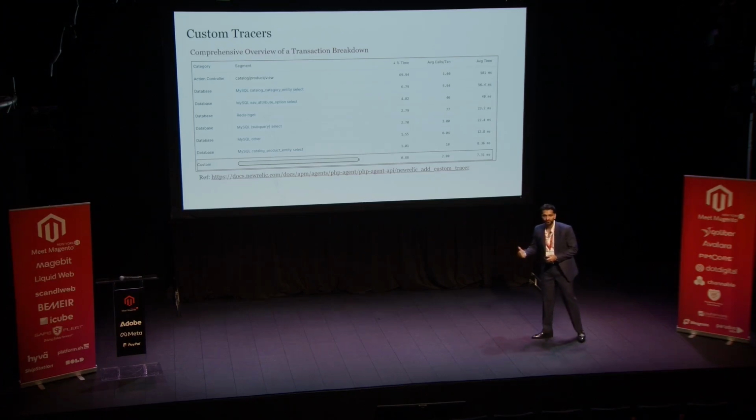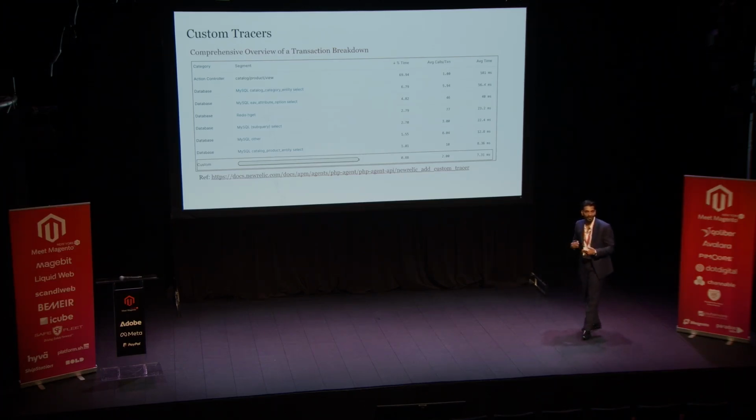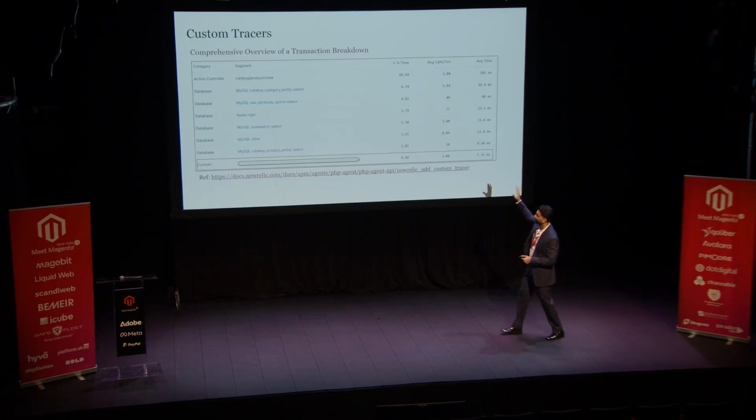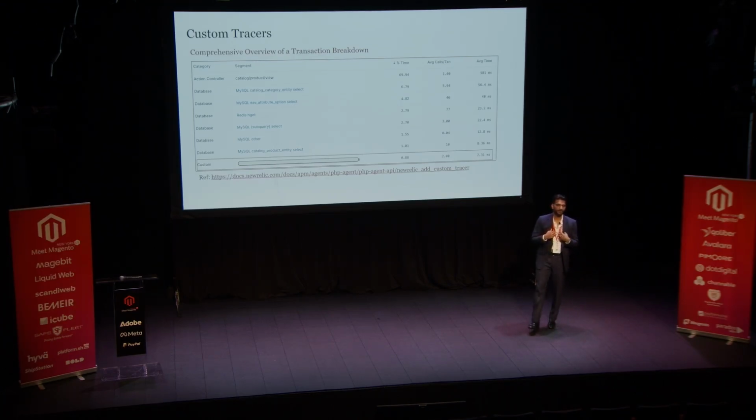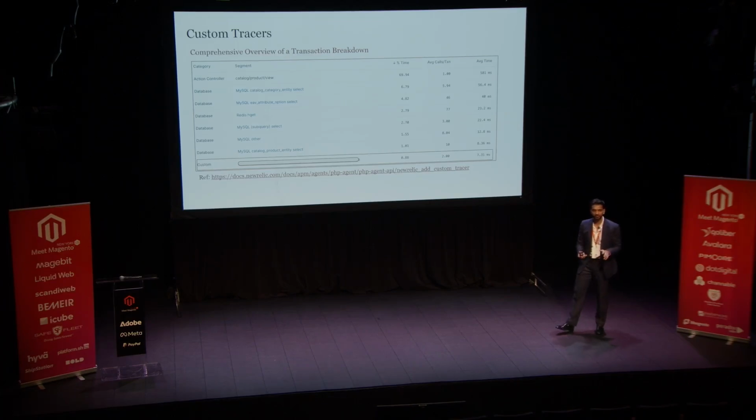Another way you can fine-tune and get more insights into your requests is custom tracers. The comprehensive overview that we are seeing is a native New Relic functionality. For the custom tracer, for example, I built a custom functionality, get product manufacturers, and I think there could be a slowness because of that, but I'm just not sure.